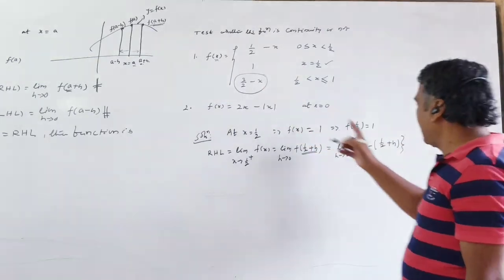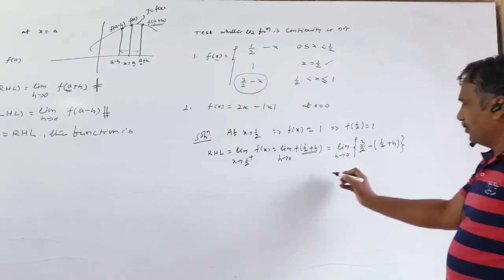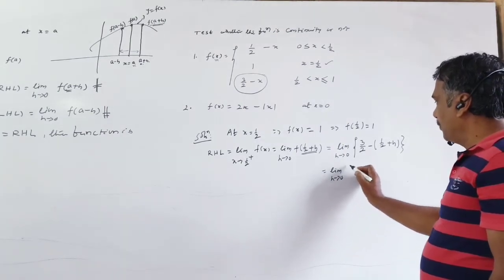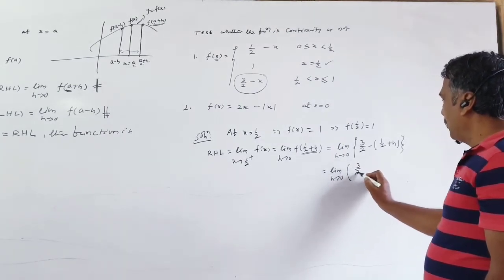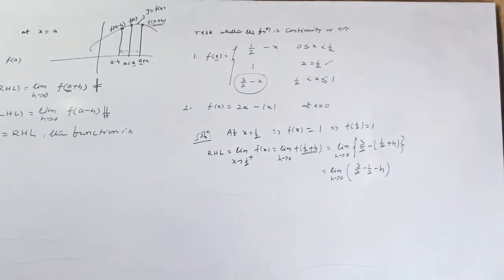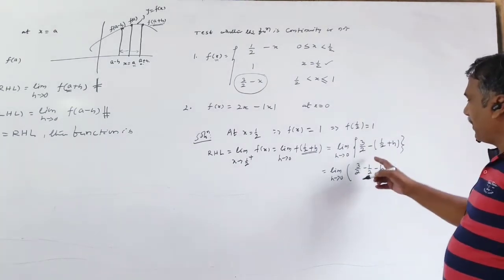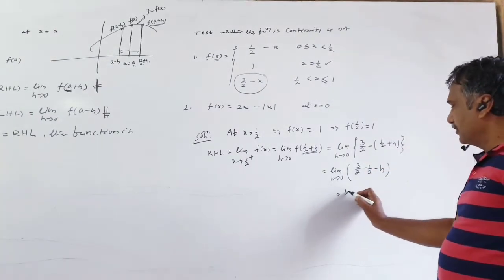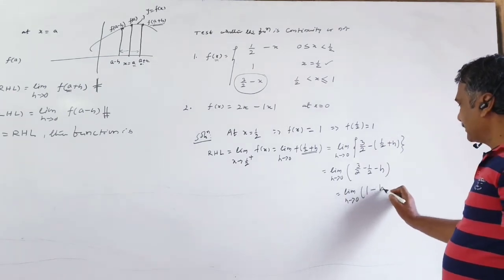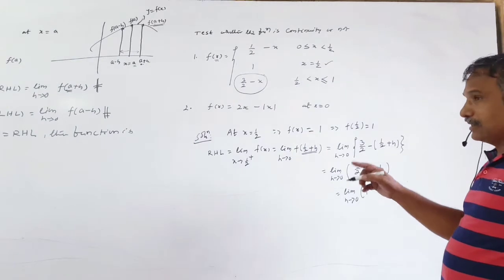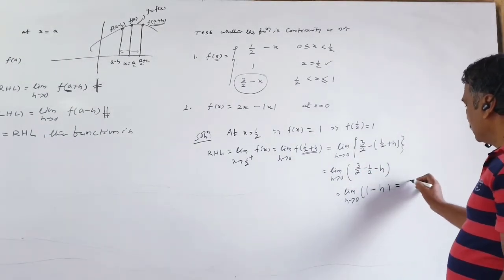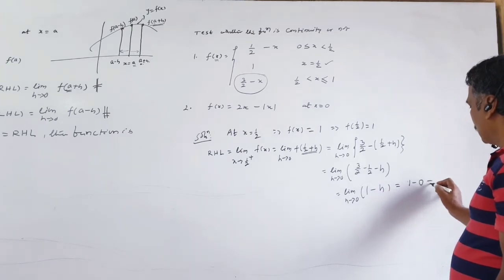So limit h tends to 0, 3 by 2 minus 1 by 2 minus h. Now, after simplification, 3 by 2 minus 1 by 2 equal how much? Is 1. Okay. 1 minus h. 3 by 2 minus 1 by 2, that is 2 by 2, is 1. When h tends to 0, this is 1 minus 0 equal to 1.